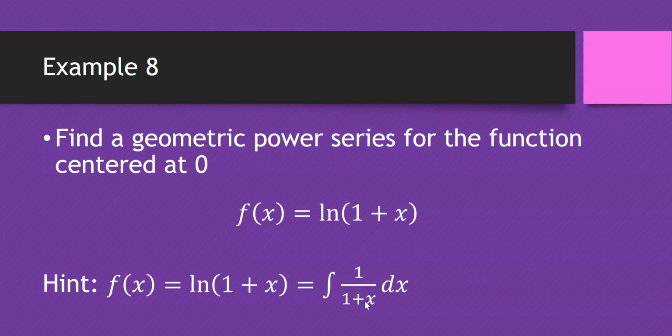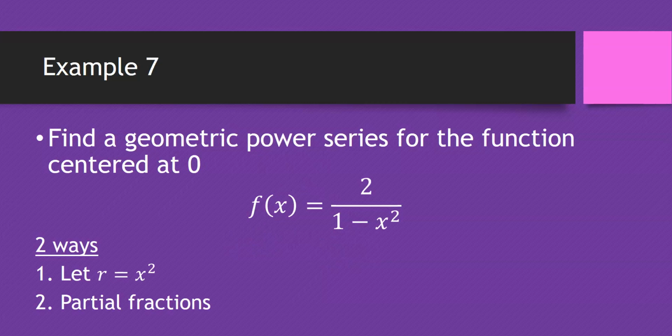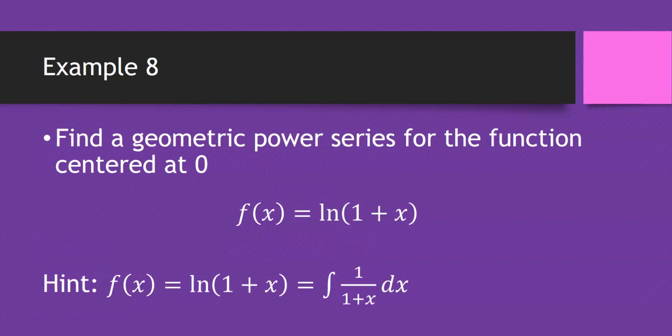So what you could do is say, well, earlier, way back in example 1, I found a geometric power series for 1 over 1 plus x centered at 0. So I already know a geometric power series for this thing.